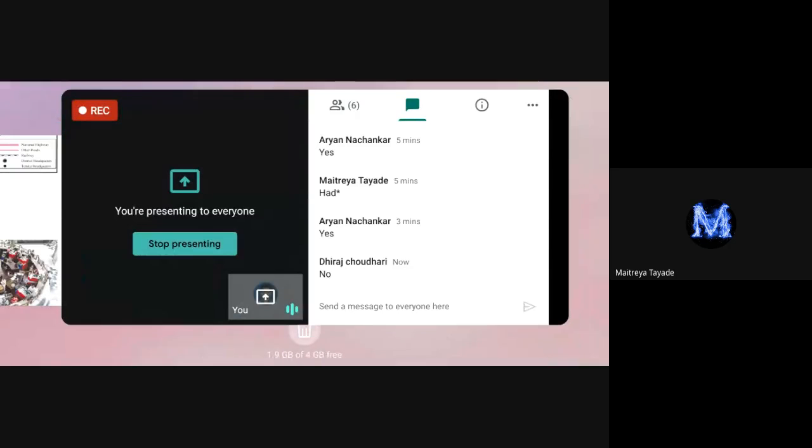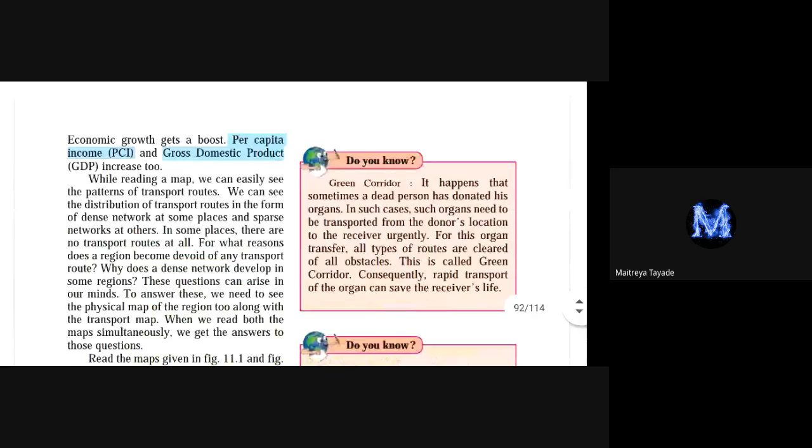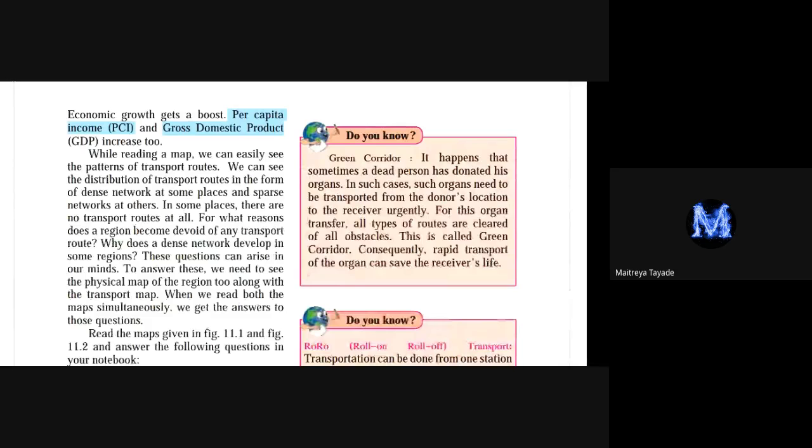Okay, so friends, before moving ahead, let's see what is here. Do you know this box, green corridor? It happens that sometimes a dead person has donated his organs. In such cases, the organs need to be transported from the donor's location to the receiver urgently.